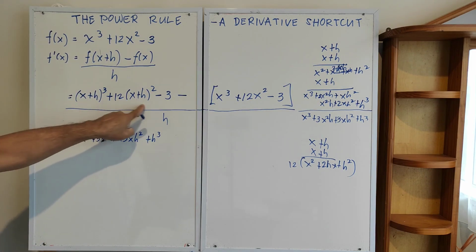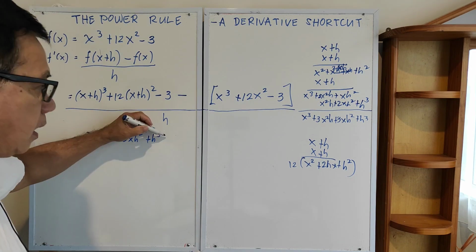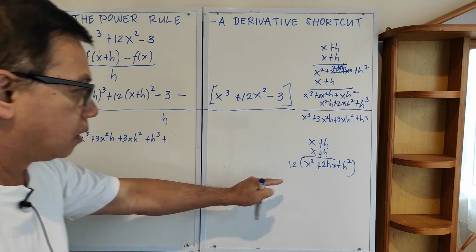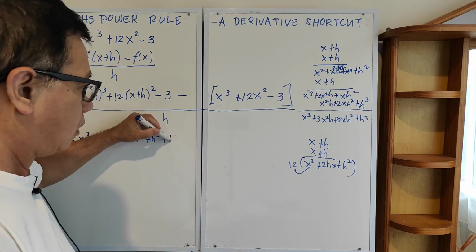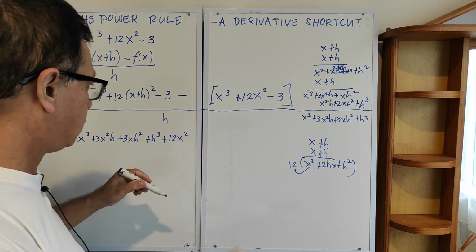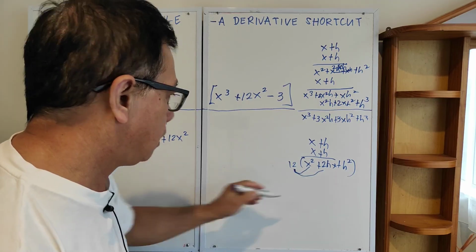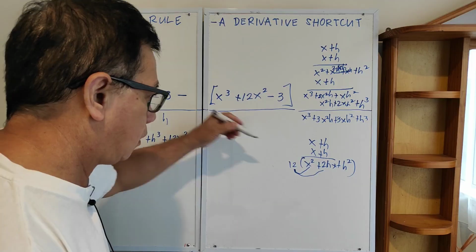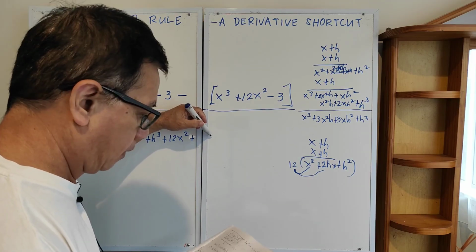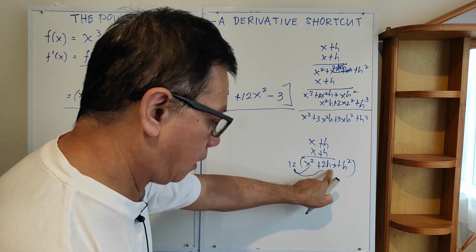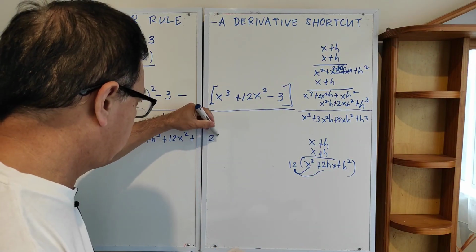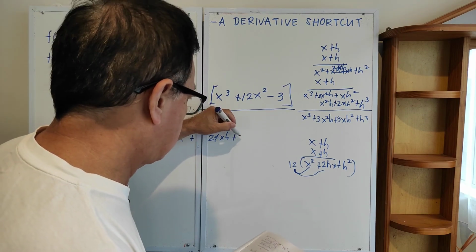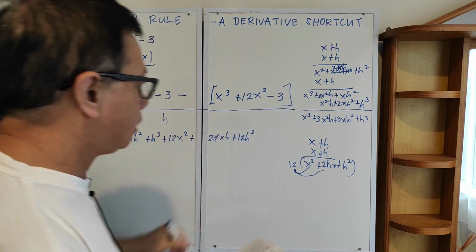So this is 12x squared plus 24xh plus 12h squared.